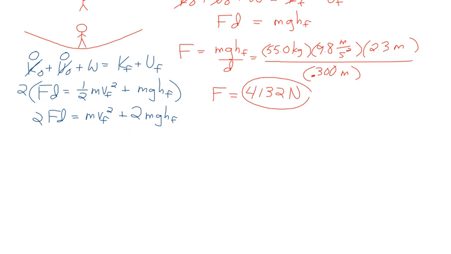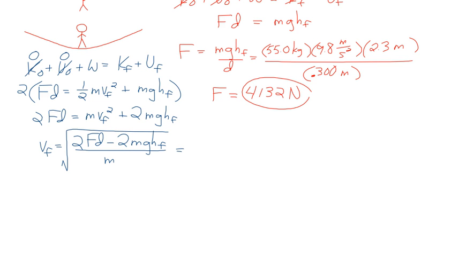So when all of that is done, my final velocity is going to equal 2FD, because that's already on that side. Now I'm going to move this term over, so it's going to be minus 2mg times the final height, and that's going to be divided by m. Now that would equal VF squared. So we take the square root to get the VF.